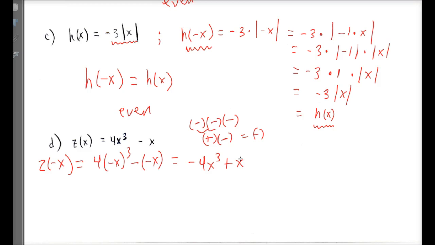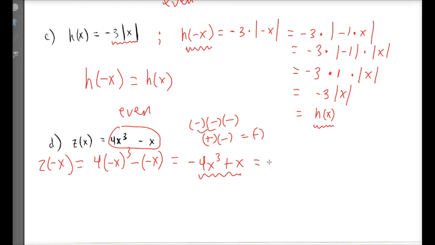Now, looking at this, we compare what we have here with what we have here. And if you notice, we have a negative 4x cubed here where we have a positive 4x cubed there. So that's opposite. We have a positive x here, and we have a negative x here. That's opposite. So we know that these two are opposites of one another.